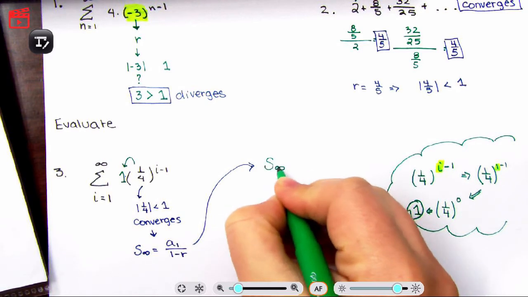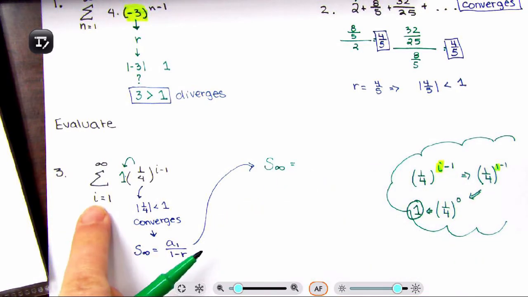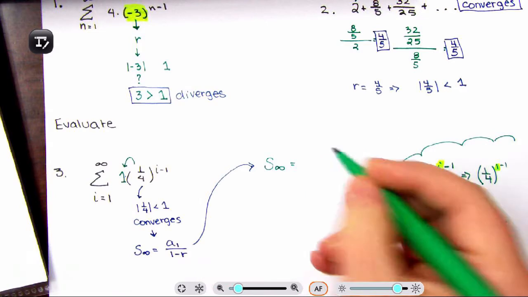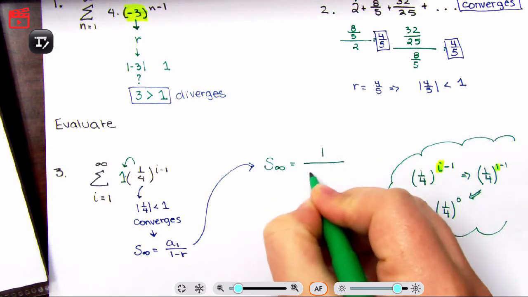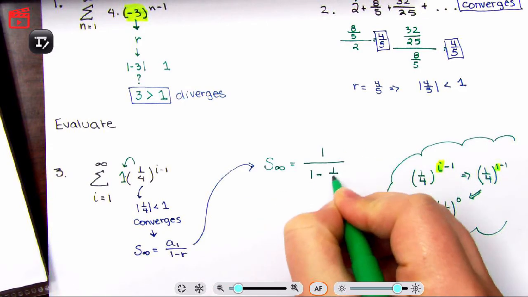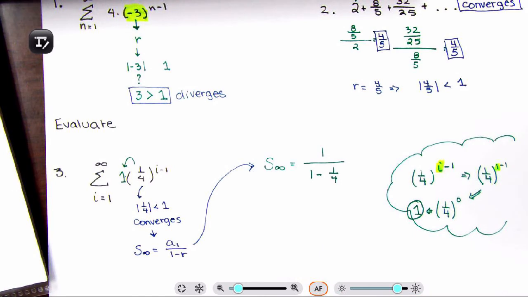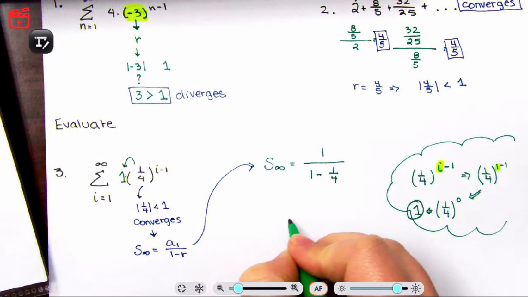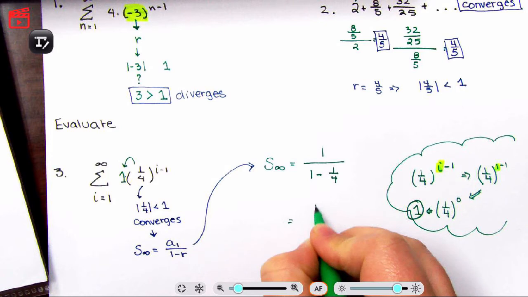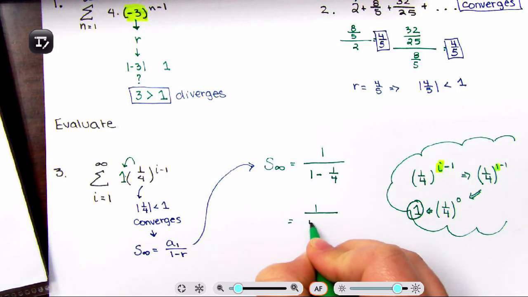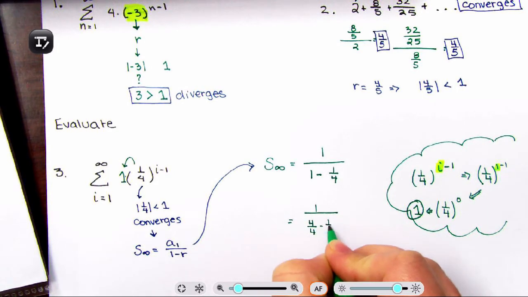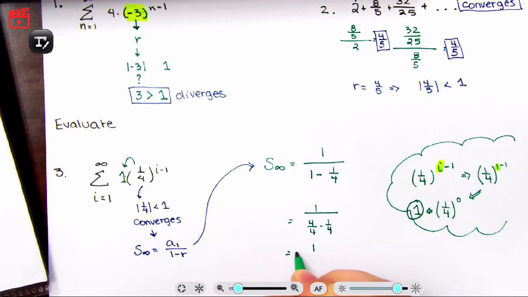All right, so let's go ahead and continue working on this. So our summation from 1 to infinity is 1 over 1 minus r, and 1 minus r is 1 minus 1/4. So here I have 4/4 minus 1/4. So that means I have 1 over 3/4.